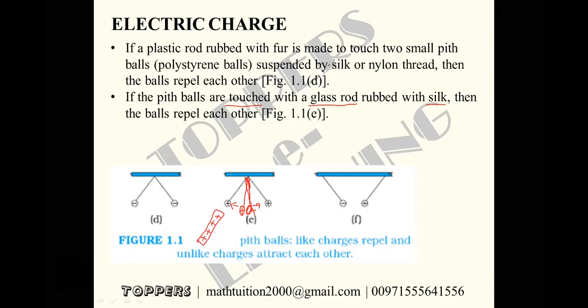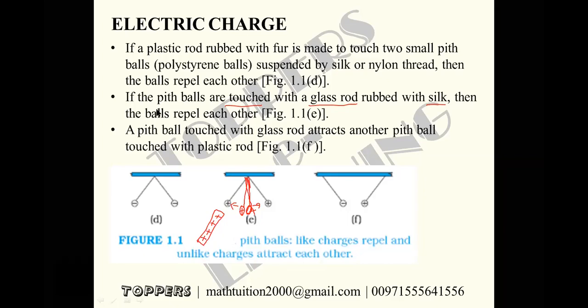On the other hand, a pith ball touched with a glass rod attracts another pith ball touched with a plastic rod. So in this case, we are bringing a plastic rod, which is charged negative, to touch this pith ball, so this will become negative.